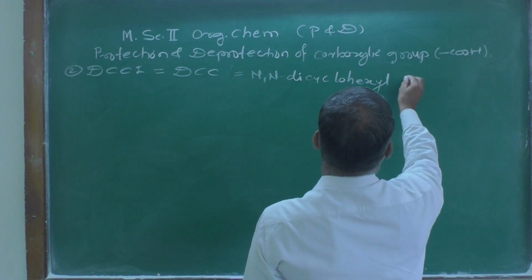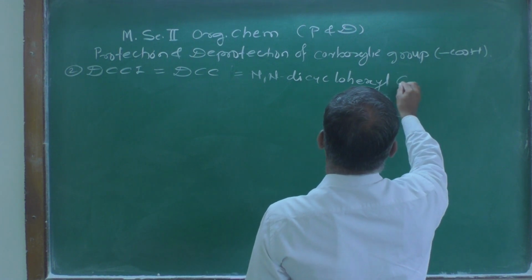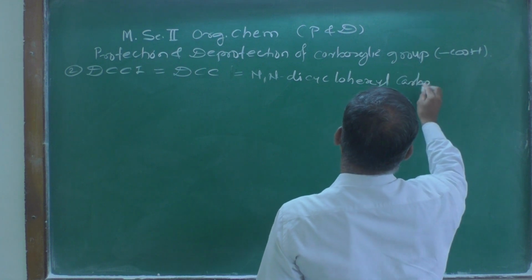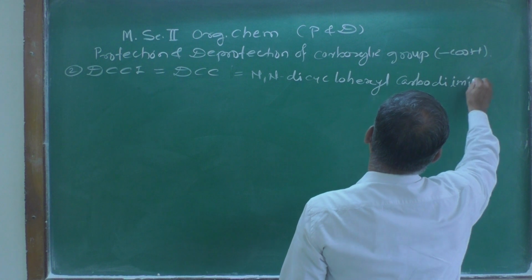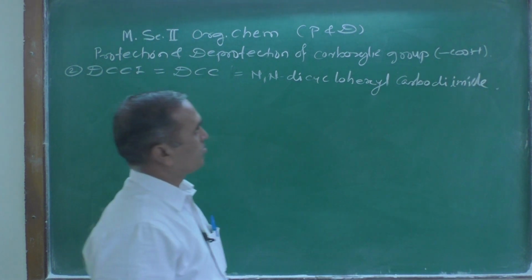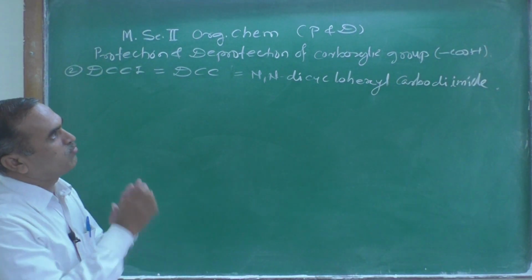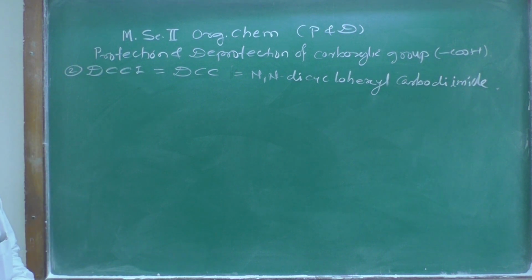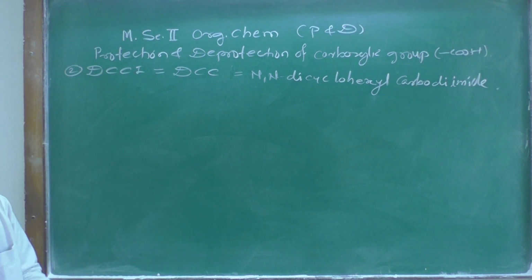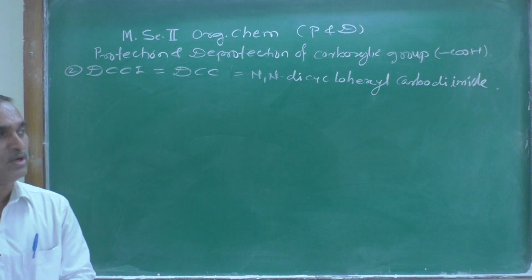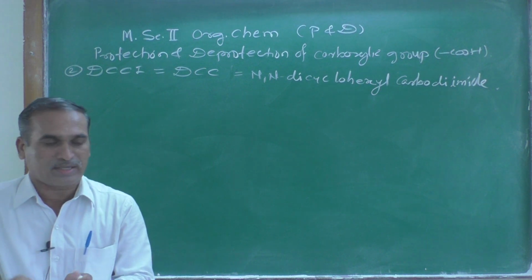dicyclohexyl carbodiimide. So that is the full form, N,N'-dicyclohexyl carbodiimide.